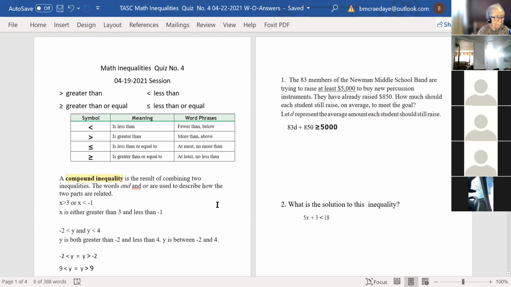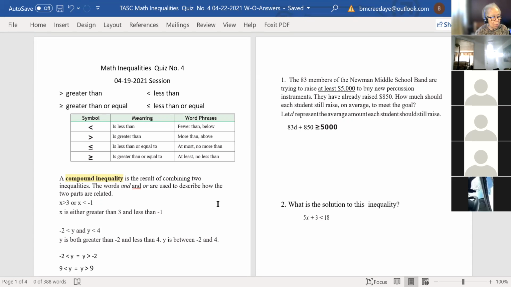Now, compound inequalities, that's the combining of two inequalities, and they can be combined as and or. Actually, I need to spend some more time on this one. There's a problem I gave you on compound inequality on this sheet, but if you can figure it out, do it.